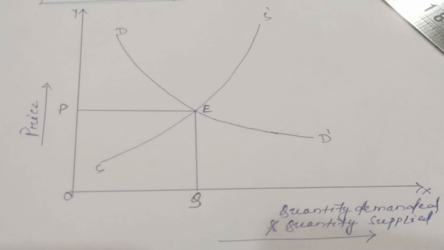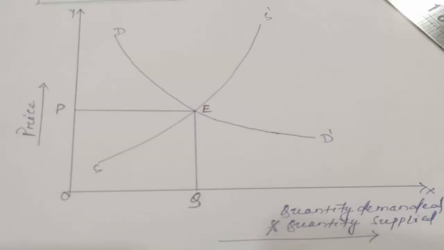The supply curve, that is S dash, is sloping upward. At point E, both the curves intersect each other. So that point E is the point of equilibrium, that corresponds to the price OP. That OP price is the equilibrium price.